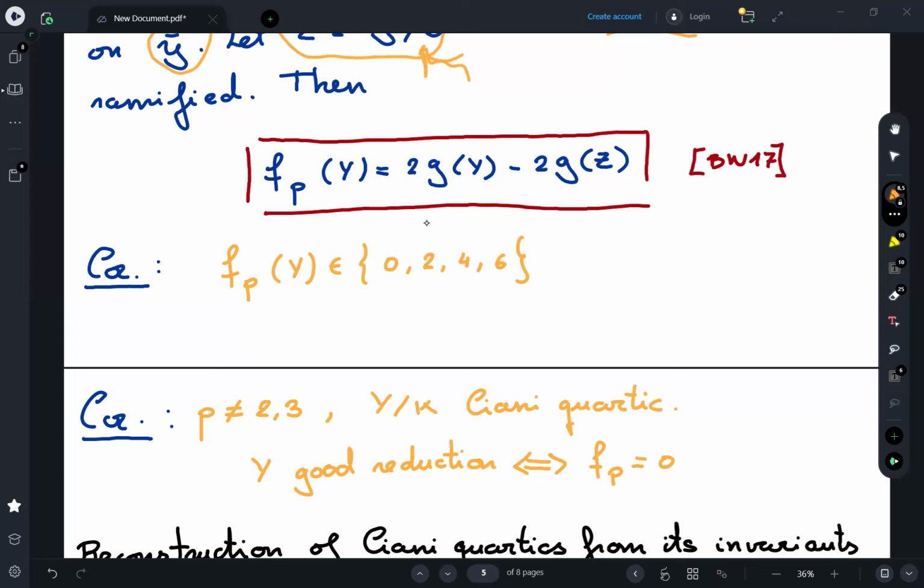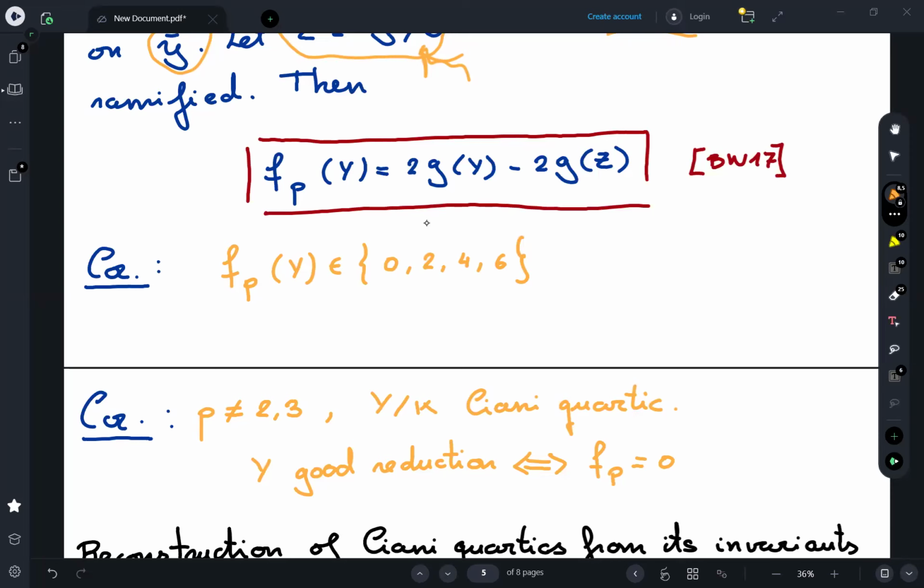So the last ingredient before presenting our results on the conductor of Ciani quartics is this. I presented the invariants for Ciani quartics, and you know how to compute the invariants of a Ciani quartic. I gave you the formulas, but now we ask the opposite question: if I give you some invariants, can you give me a Ciani quartic with those invariants?